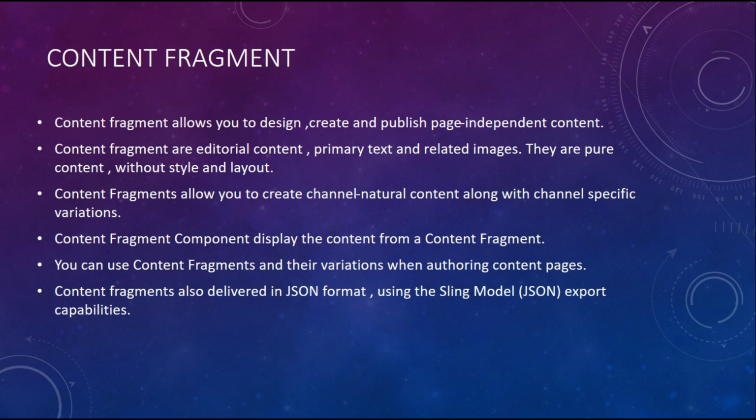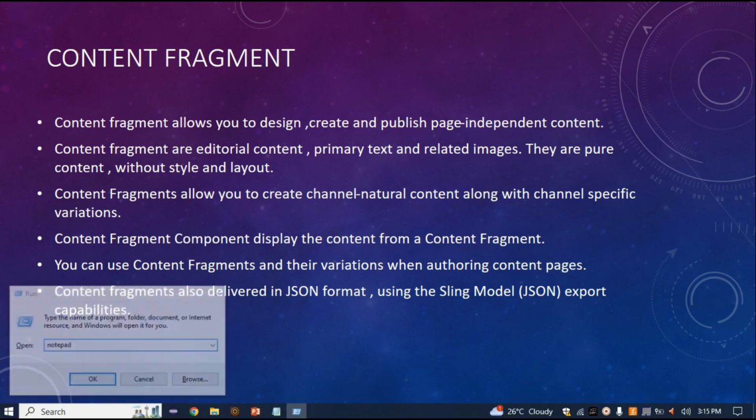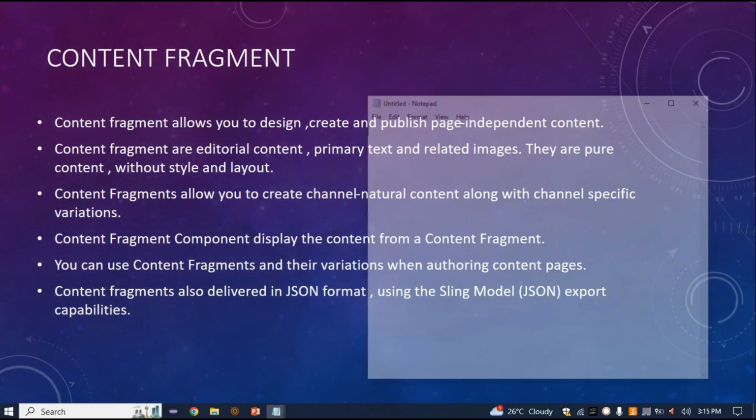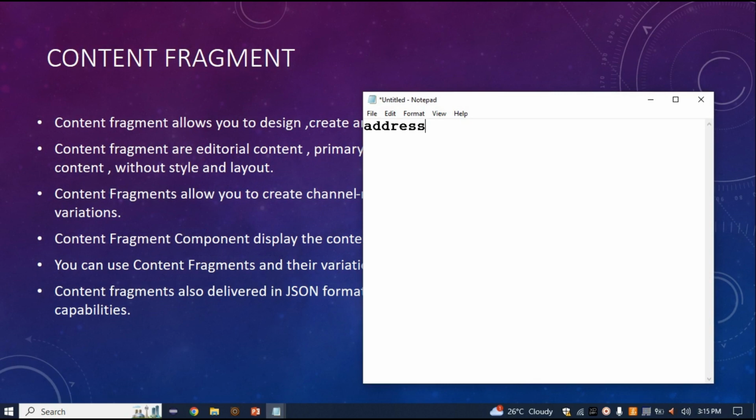It simply allows you to design, create and publish independent content. Like if you consider maybe an address, and this is the address I want on 1,000 pages. First of all I have to create the content.